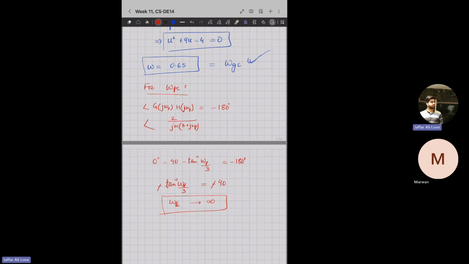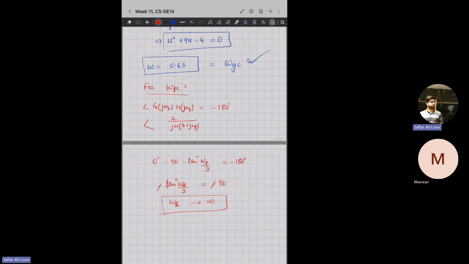And if they are equal to 0, your system is marginally stable. Then how to find gain margin and phase margin? You just apply the concept of gain crossover frequency and phase crossover frequency, do the calculation, apply the formula for gain margin and phase margin, and you're done. So that's all you have in this week.